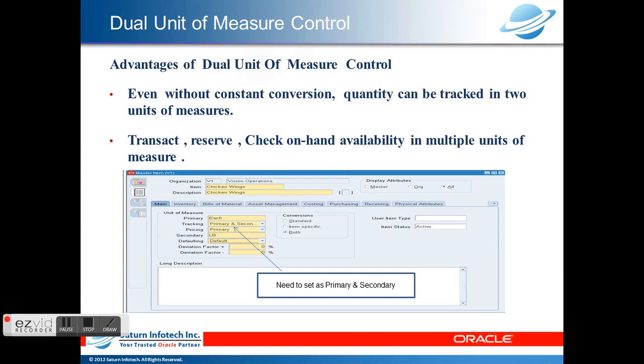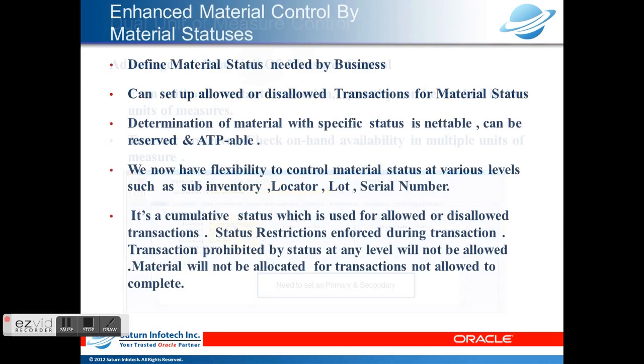Now, even without a constant conversion, quantity can be tracked in two units of measure. We can have tracking in inventory transactions, then reserving quantities, and on-hand availability functionality. There we can see the quantities in multiple units of measure if we have enabled this feature.